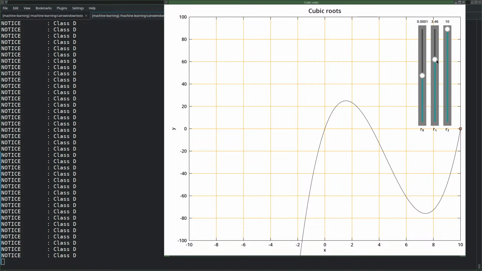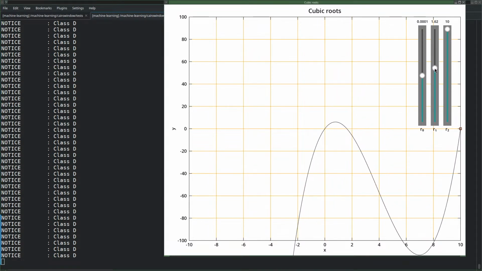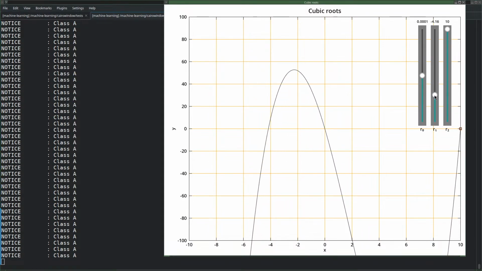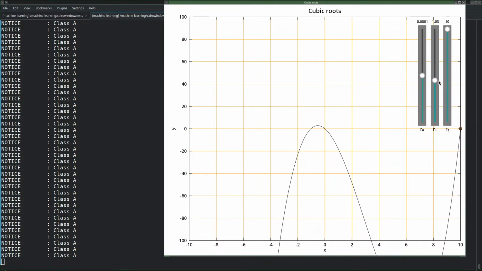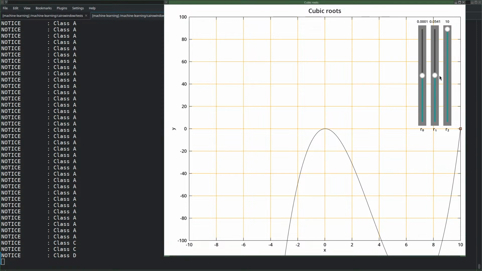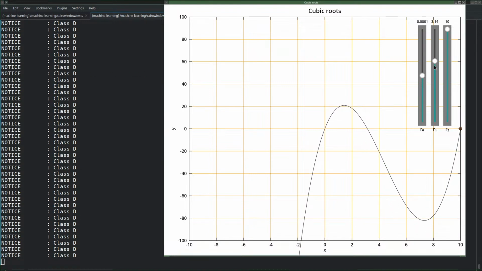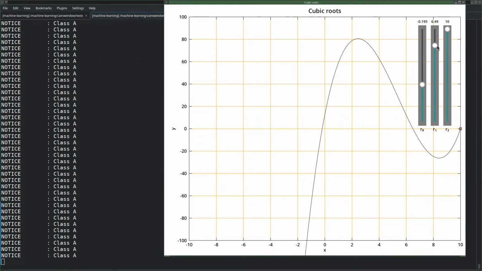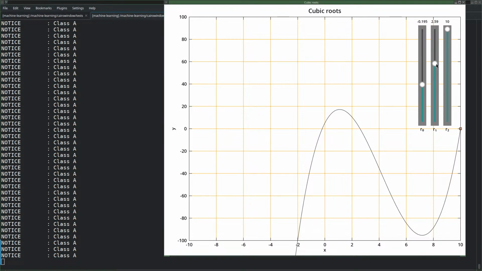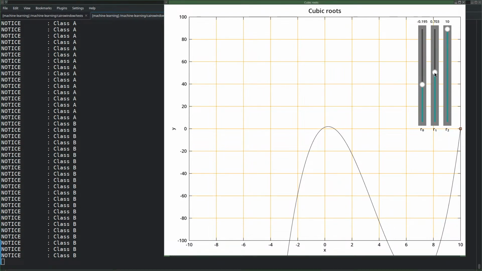That's not class D. This is class A. We have a class C. No class B. Interesting. What the hell? Yeah, now it is class A. Okay, so this works. And then when we go here, it should switch to B. Does not switch to B. Oh, there's B. Okay, so now it becomes B.